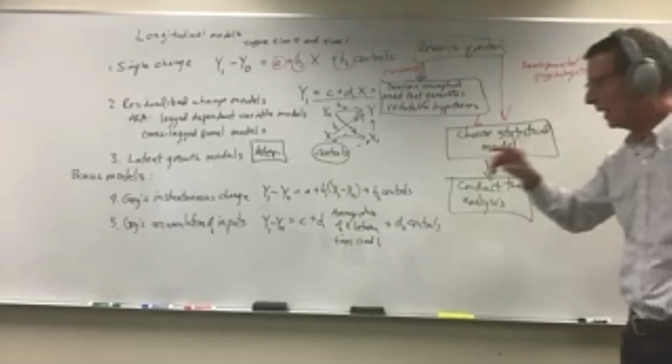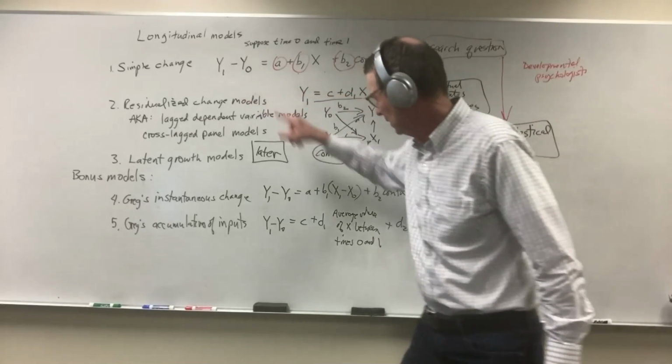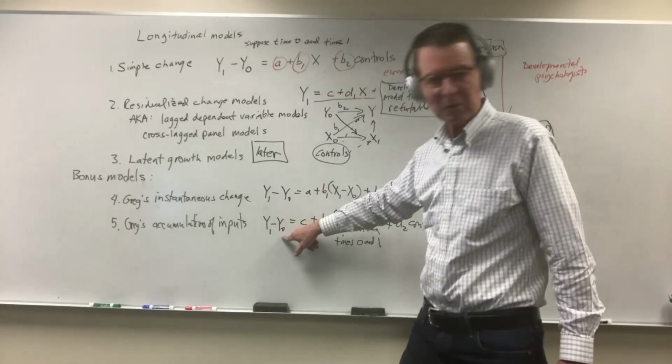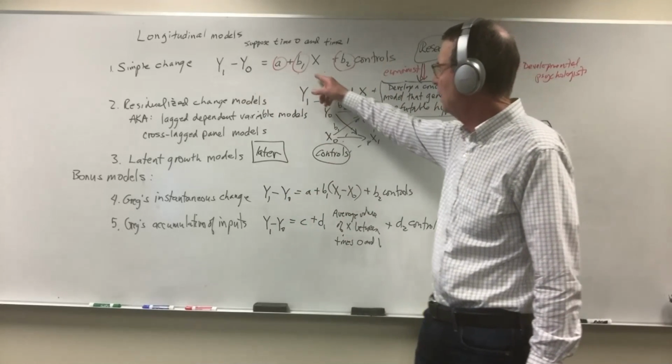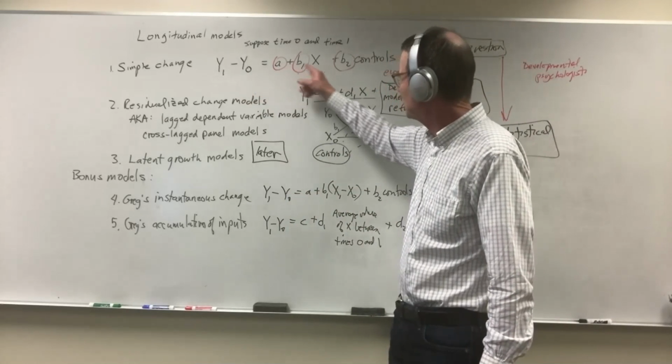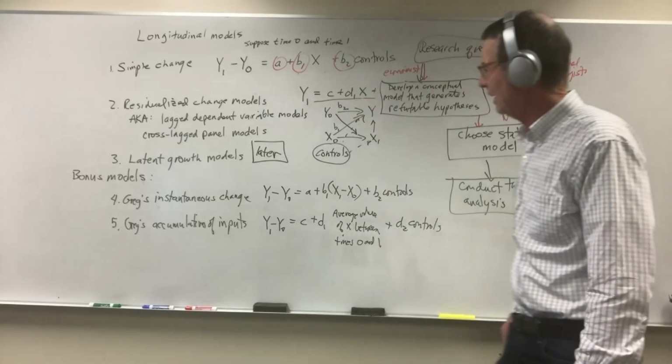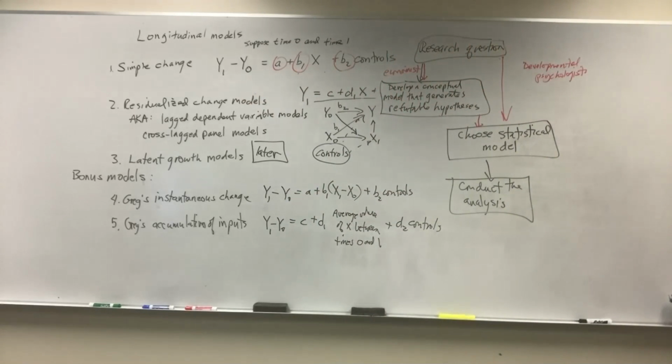No problem. I mean, we've got change up here, change here, change here. All these are the same, Y1 minus Y0, right? Over here in simple change, we had kind of a generic X. We didn't say whether it was X1, X0, or something in between.